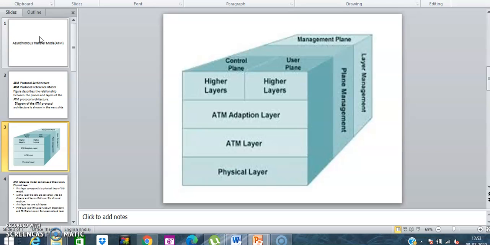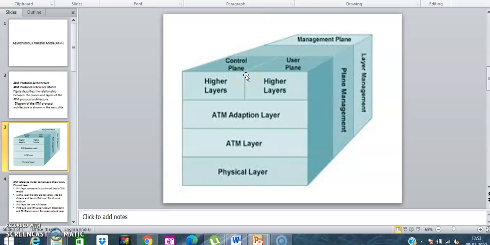Coming to this diagram, we have different layers: physical layer and ATM adaptation layer, and here we have planes: control plane, user plane, and a third plane, the management plane. Apart from this we have higher layers also.